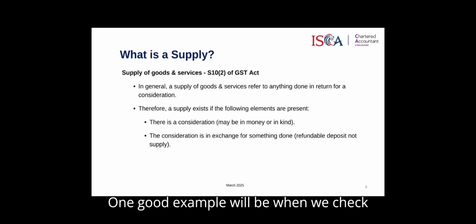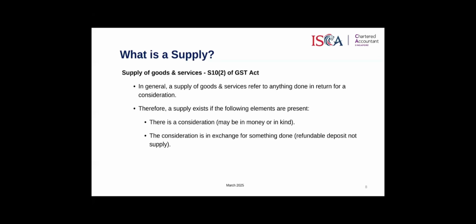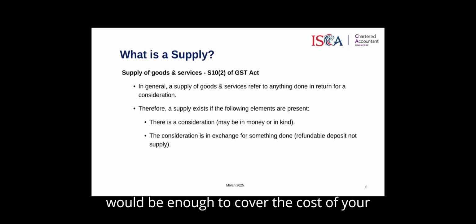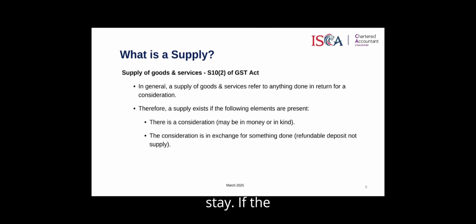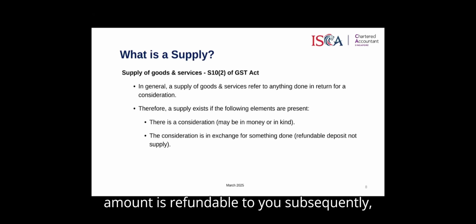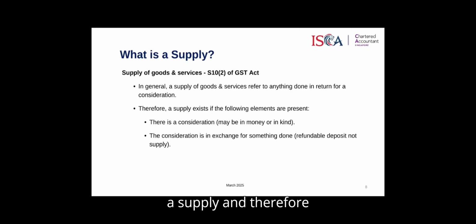One good example will be when we check into a hotel, which may request for you to place a deposit, such as a security deposit, which generally would be enough to cover the cost of your stay. If the amount is refundable to you subsequently, then the timing that you pay for the security deposit should not constitute a supply, and therefore GST is not applicable.